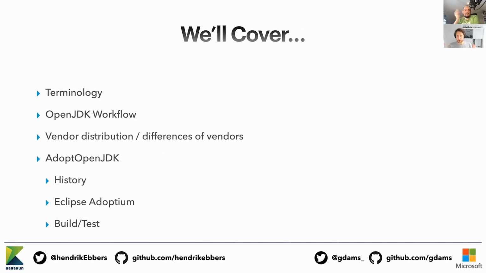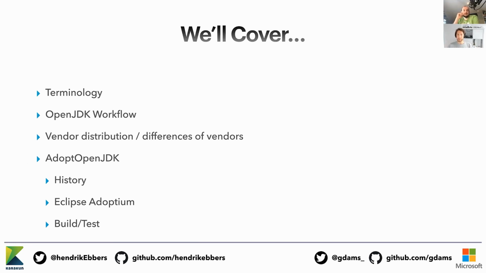So what are we going to cover? We're going to do a very quick dive into the terminology. Hopefully short and sweet, but there are a few confusing terms along the way. Hendrik's got some really exciting diagrams that will walk you through the OpenJDK workflow. We're going to cover vendor distribution and the differences between each vendor.